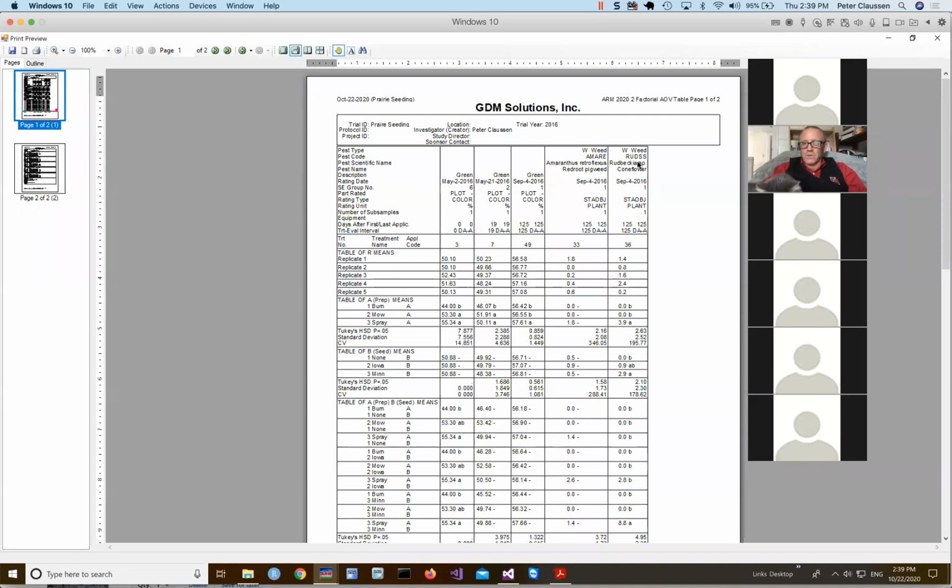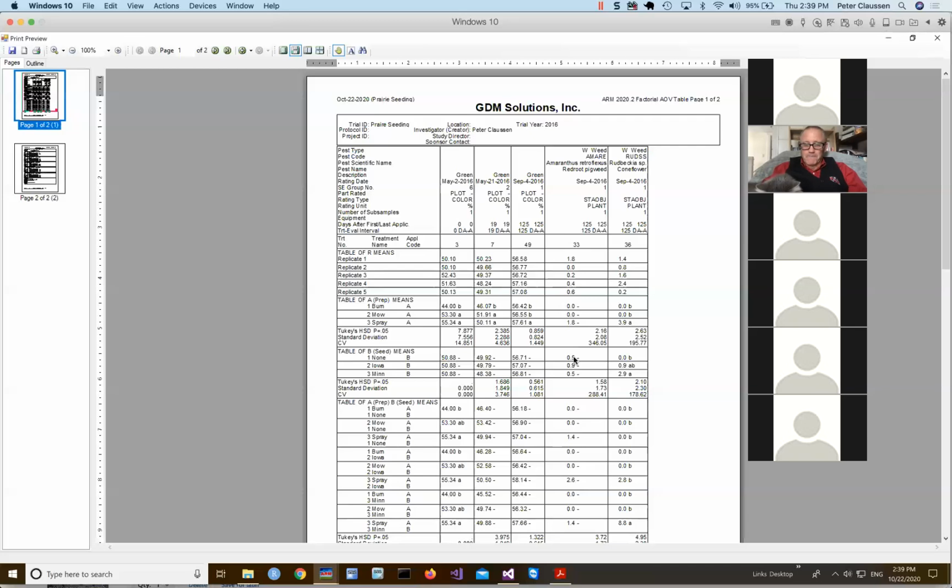And then I also looked at coneflower, which should only be in the treated seeding. The Minnesota seeding and the Iowa seeding should not be found where there's no seeding, whereas the pigweed should be evenly distributed across all of the subplots.